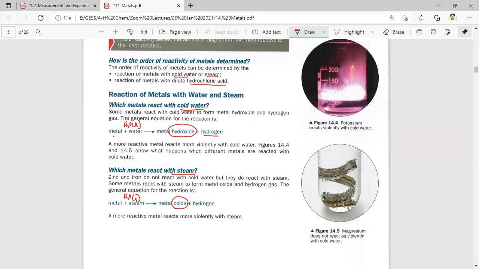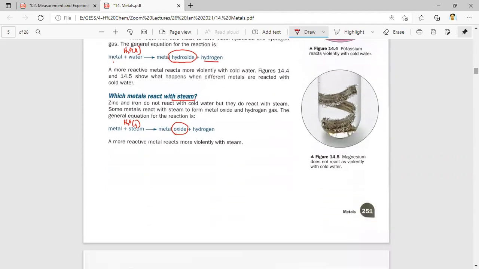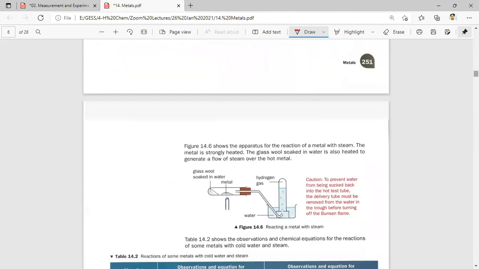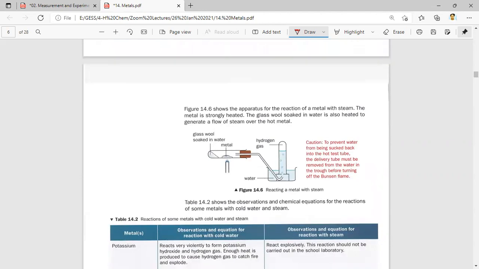Let's go on next to take a look at the table over here. This is actually the setup, and I think sometimes you will see this in your questions. How do they make the metal react with steam? You realize down here they have glass wool soaked in water. The water is not in contact with the metal.